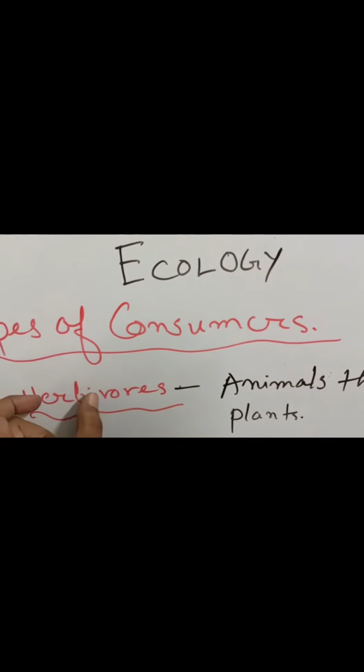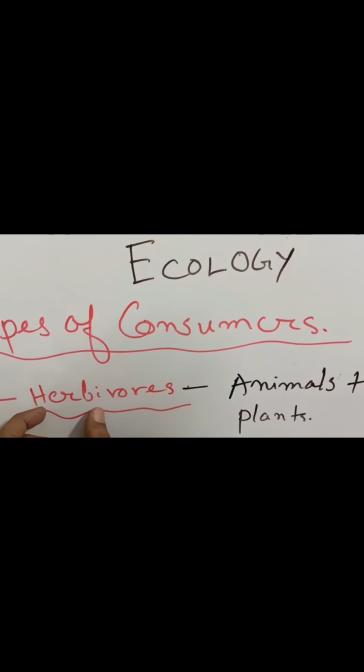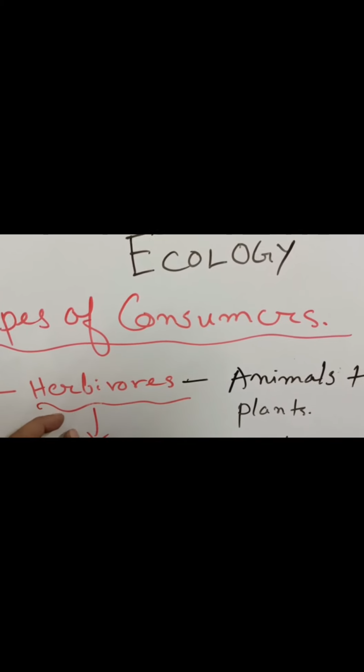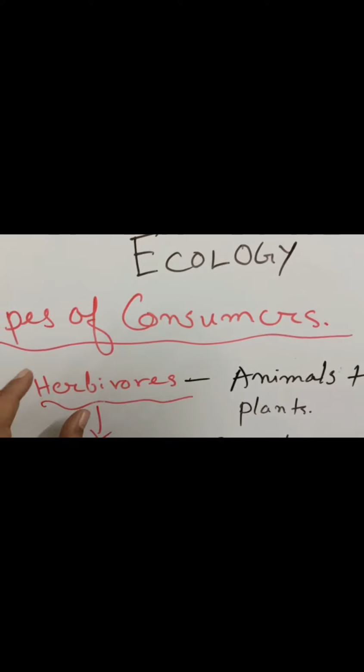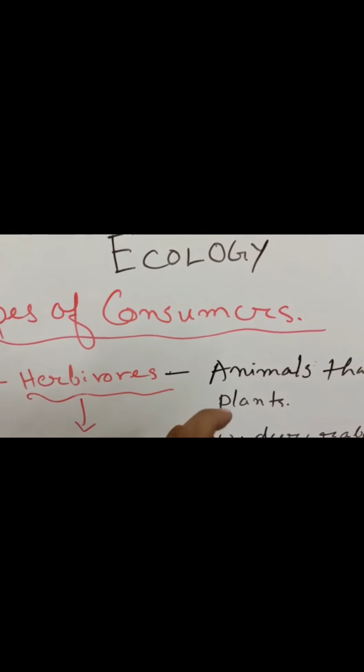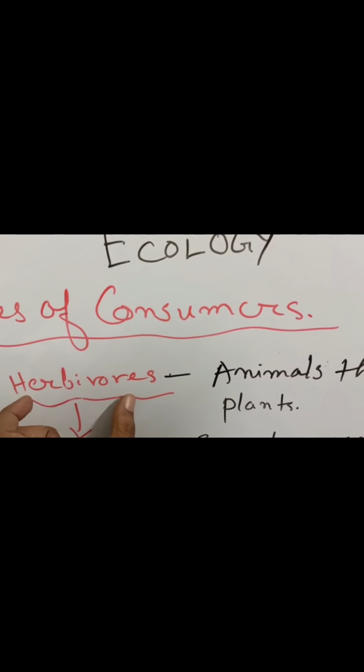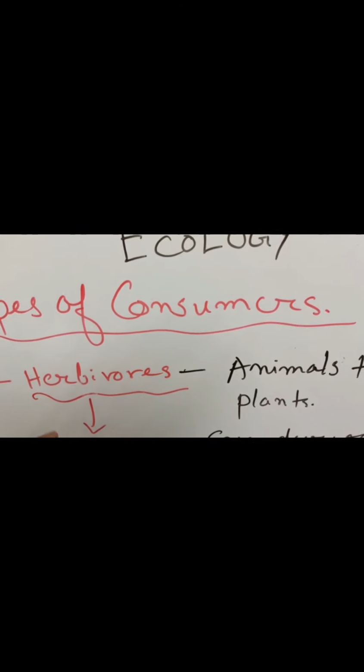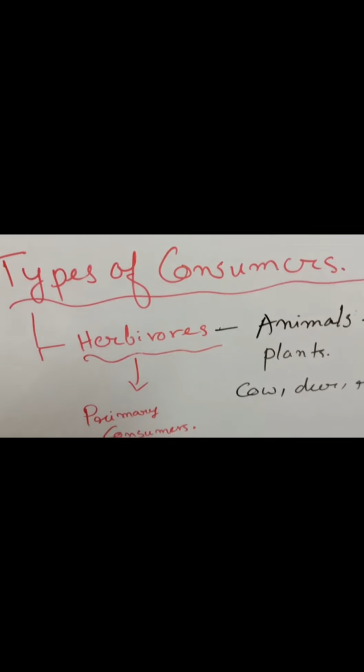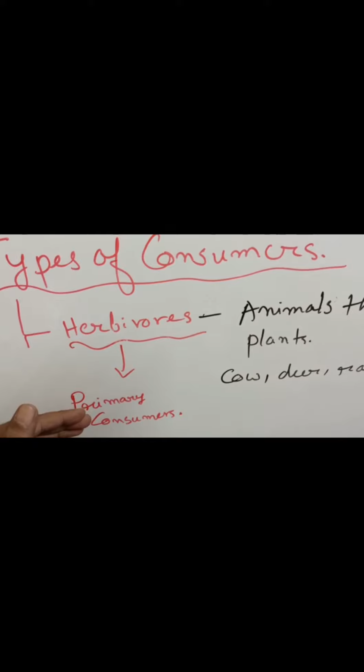Over here you can see the word herb. So herb represents a plant. So hence animals that eat plants are called herbivores. They are also known as primary consumers.